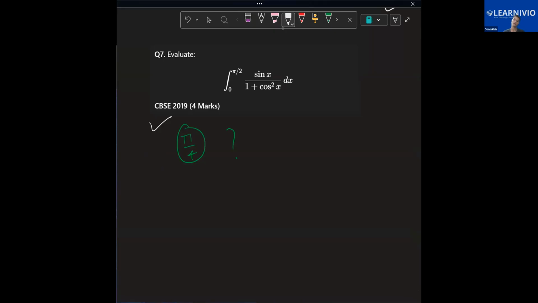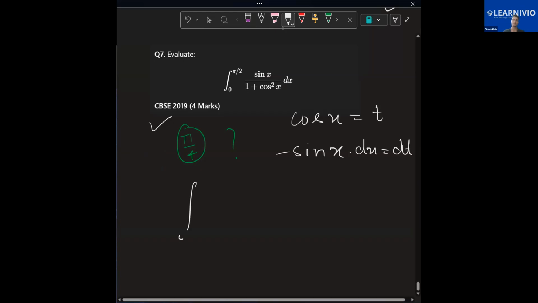इसमें आपने क्या करना होगा, ये सब्स्टिट्यूटेड cos of x equals to t। इसका डेरिवेटिव होता है माइनस ऑफ साइन x और dx इक्वल टू dt। ये क्या था? And we will now put these things in the integral.